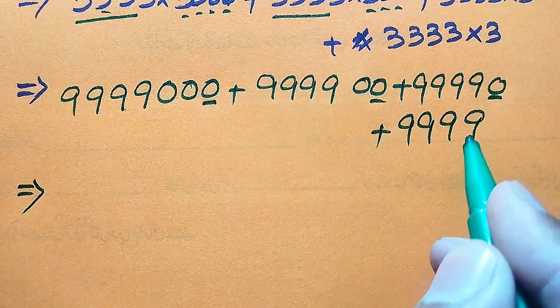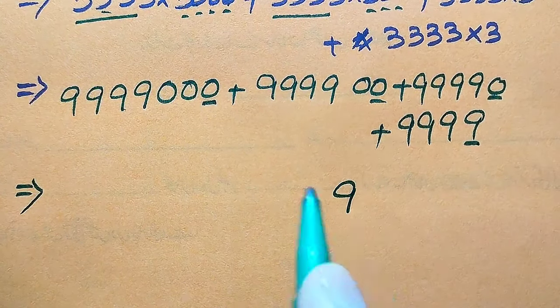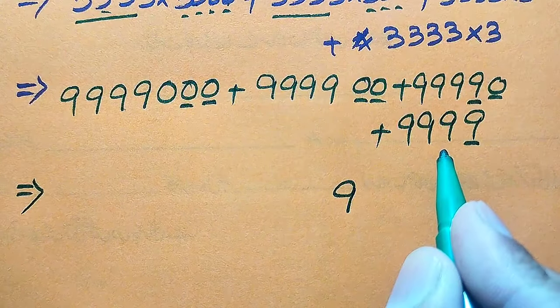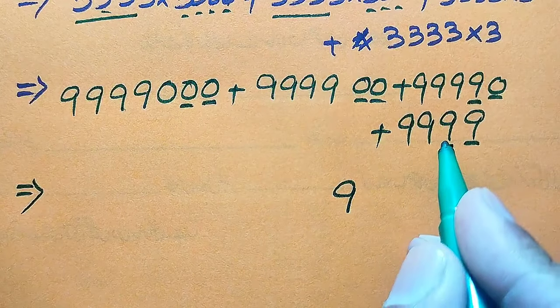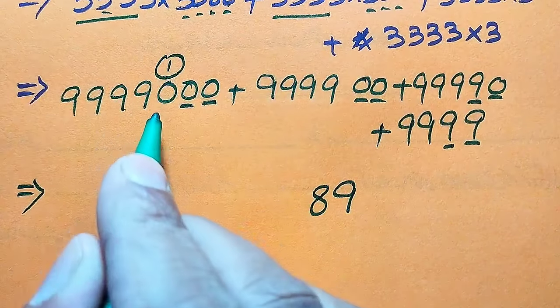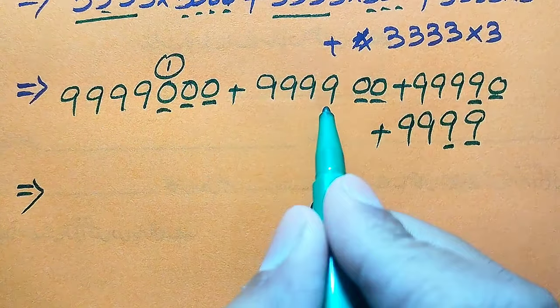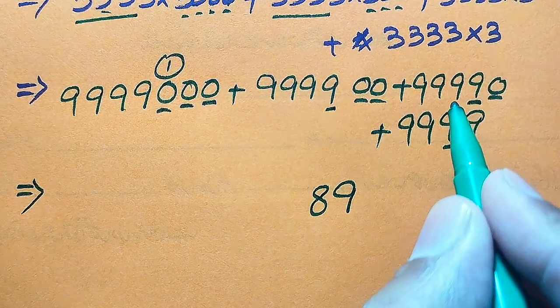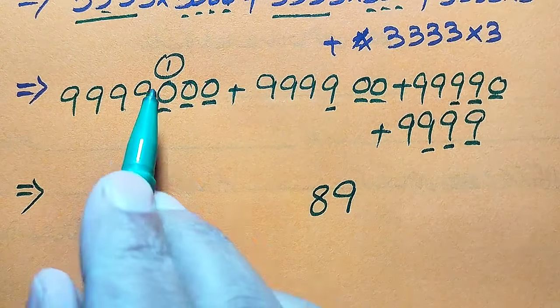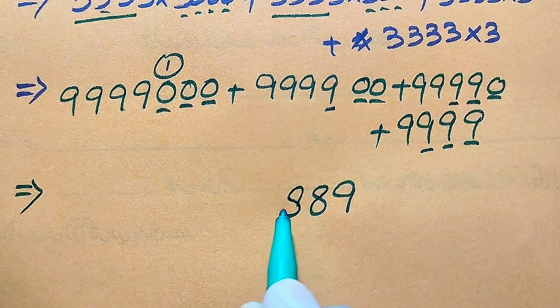We have 0 plus 0 plus 0 plus 9 becomes 9. Then 0 plus 0 plus 9 plus 9, so 9 plus 9 becomes 18. We write 8 and carry 1. Then 0 plus 9 becomes 9, 9 plus 9 becomes 18, 18 plus 9 becomes 27, 27 plus 1 becomes 28.